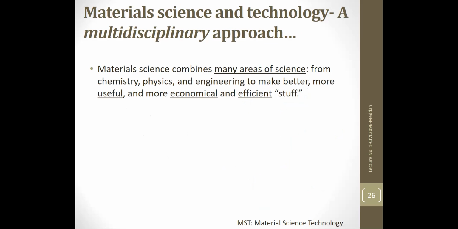So material science combines many areas of science. Many areas of science are needed when you study material science, including, of course, chemistry, physics, and engineering, to make better, more useful, more economical and efficient stuff. So this is for what purpose? Why do we need all this knowledge from these different disciplines?